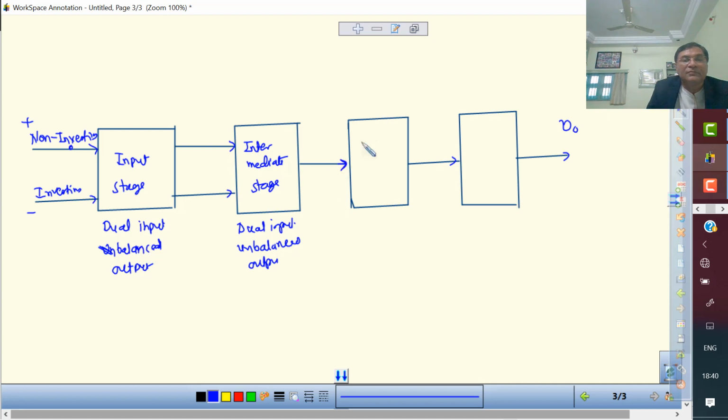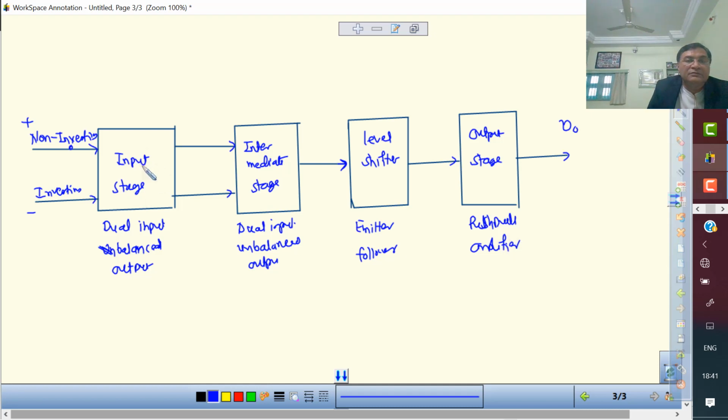And then this is called level shifter, made of emitter follower. And then you have output stage, and this is push pull. Push pull amplifier is also called complementary symmetry.